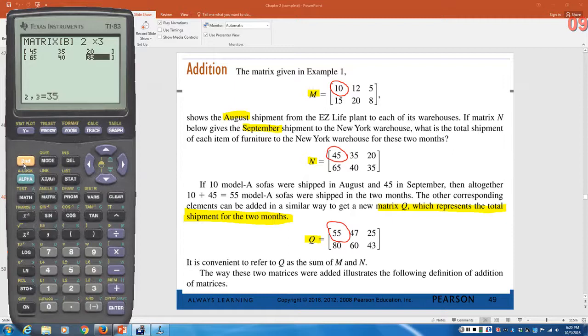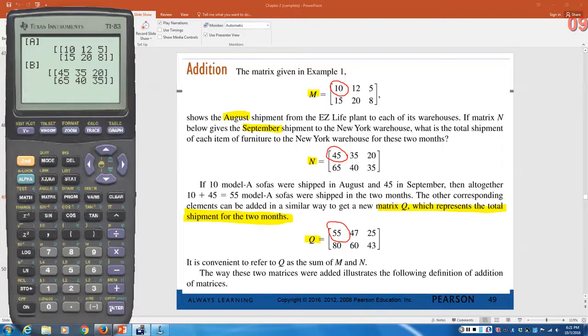And then just to be sure that we've actually entered the matrices correctly, we'll go and print out matrix A, make sure that it looks like it's supposed to. And then matrix B, make sure it looks like it's supposed to.